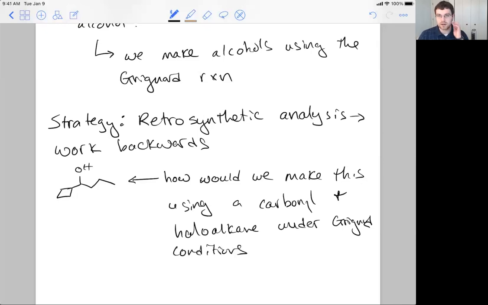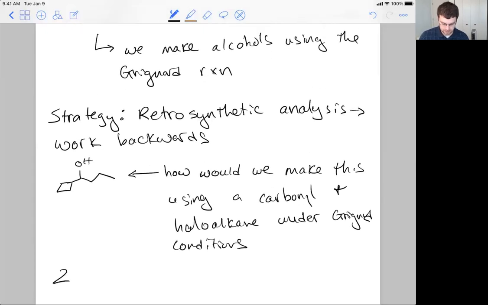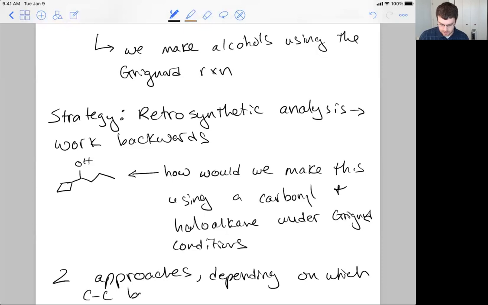Well, it turns out that to go directly to this product, there are two approaches, and the approaches depend on which C-C bond you want to make. Okay, let's look at that on the next page. Let's look at both of these approaches and see how we would use this to handle the synthesis of this complicated alcohol.